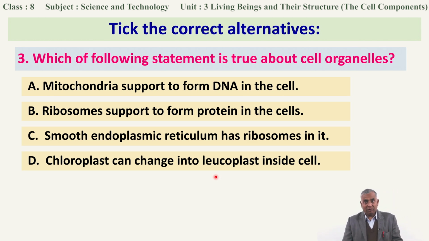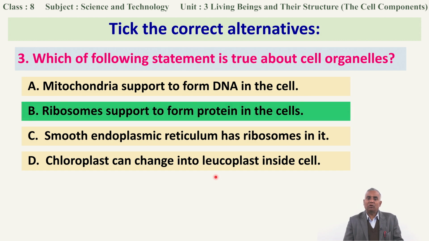So, I think it is a little bit difficult, but you can find the answer. That is what? Ribosomes support to form protein in the cell. Mitochondria does not support to form DNA. Smooth endoplasmic reticulum does not have ribosome. Chloroplast cannot change into leucoplast, but leucoplast can change into what? Sometimes chloroplast. In some cases it is found.